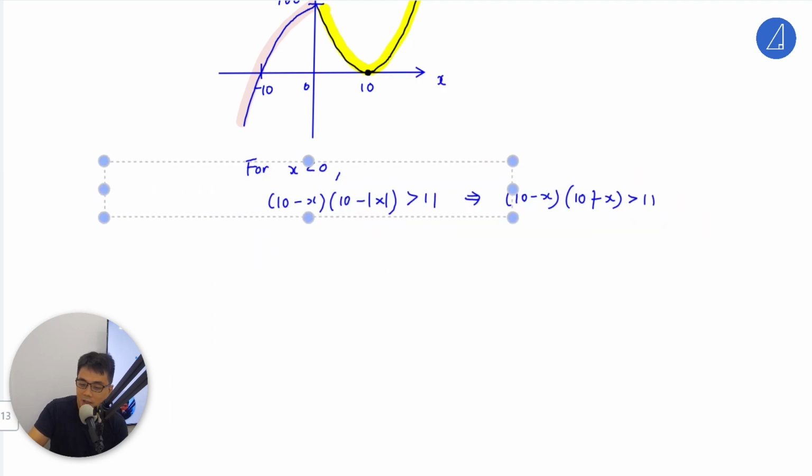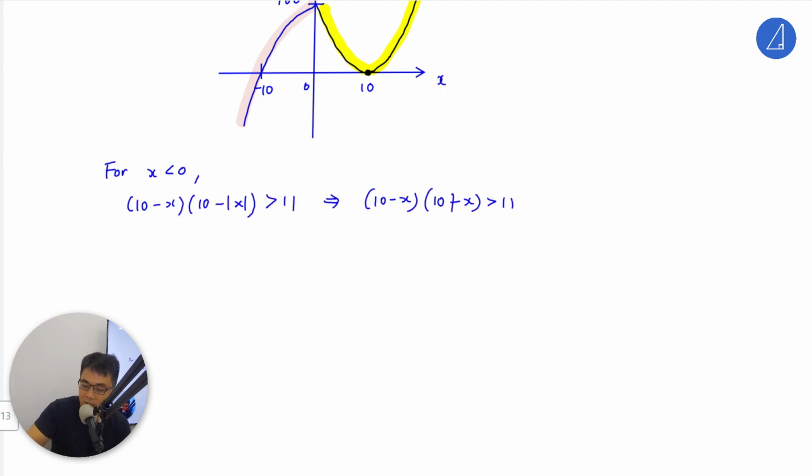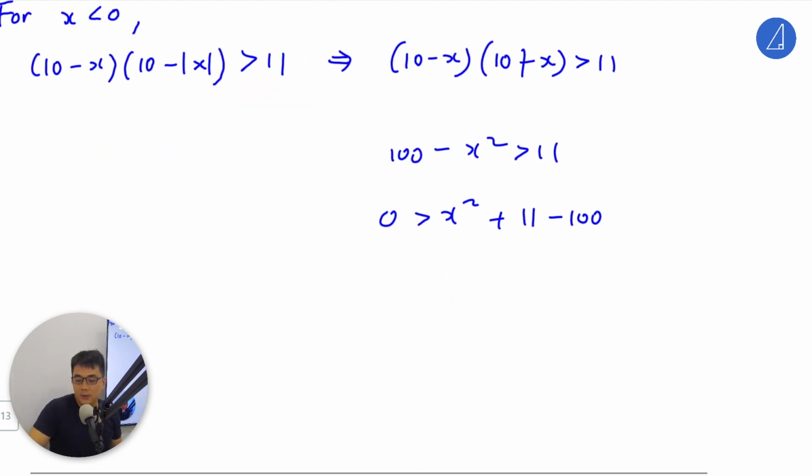This one. So I think we just do this is 100 minus x squared, 11. So 100 minus 11. Maybe I just bring it over to the other side. Okay, so this case will be 0.